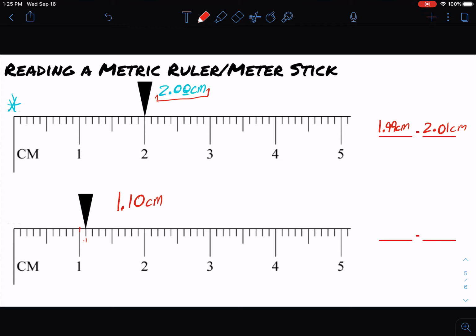But again, you might say it's a little bit before that line. You might say it's a little after. So you could have anywhere from 1.09, which would have been right before the line, to 1.11 centimeters, which is right after. If you had an answer anywhere in there, it would be correct.